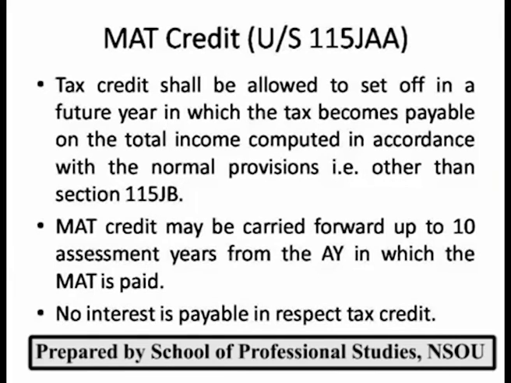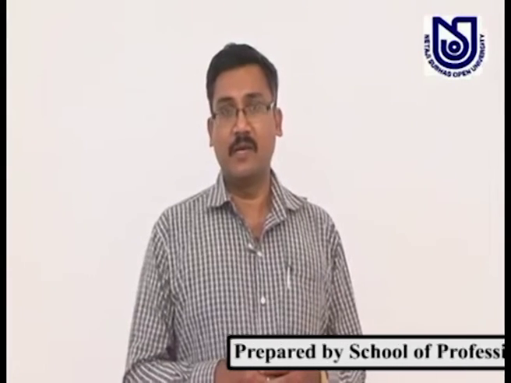Here, the Income Tax Authority has inserted another section called the MAT credit under section 115JAA. How does it work? As per section 115JAA, the companies will get a benefit of tax credit. What will be the quantum of the tax credit?